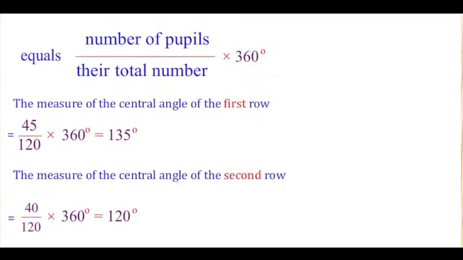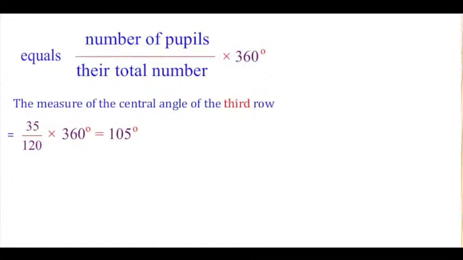The sector of the second row equals 40 over 120 times 360 degrees equals 120 degrees. The sector of the third row equals 35 over 120 times 360 degrees equals 105 degrees.